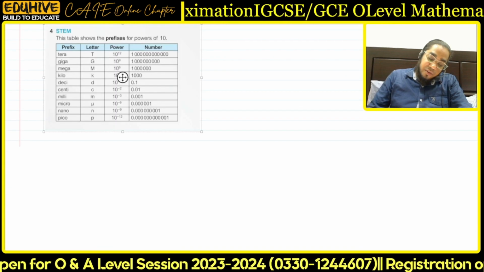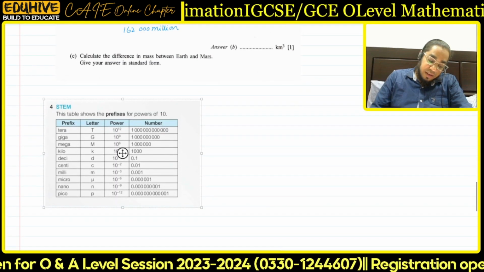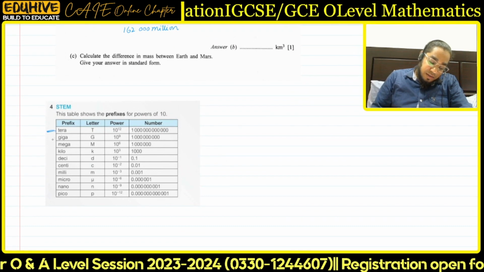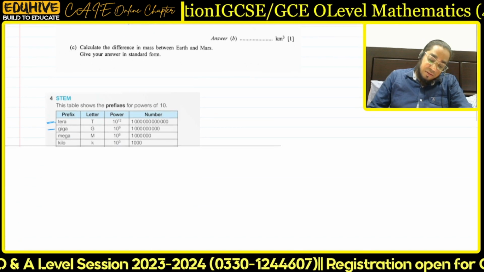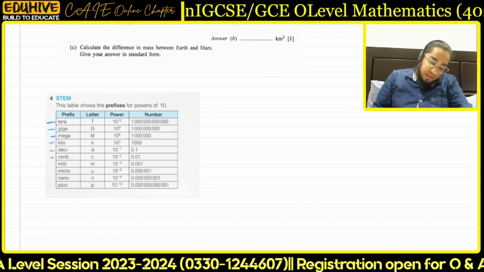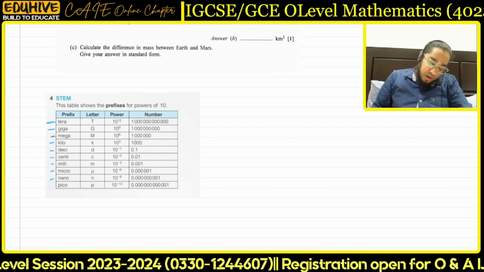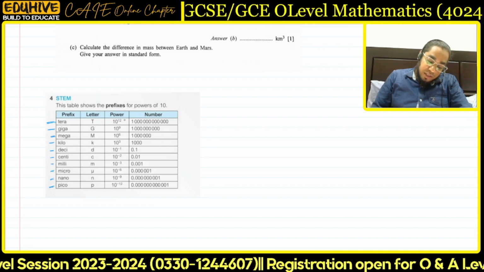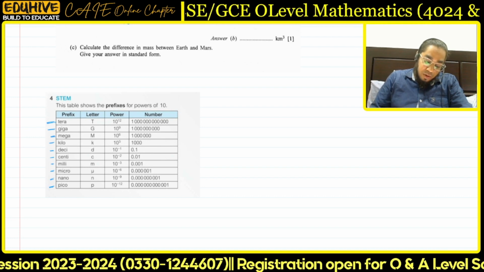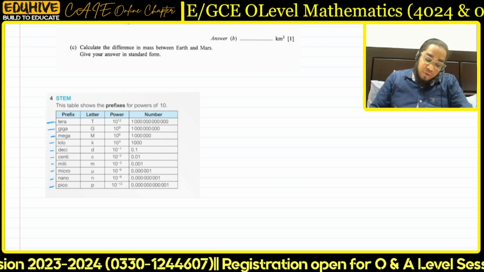So beta, here we go. Always remember this: it's tera, giga, mega, kilo, deci, centi, milli, micro, nano, and pico. These are the powers of 10 which multiply the number. Okay, so mega and million, they both are the same.